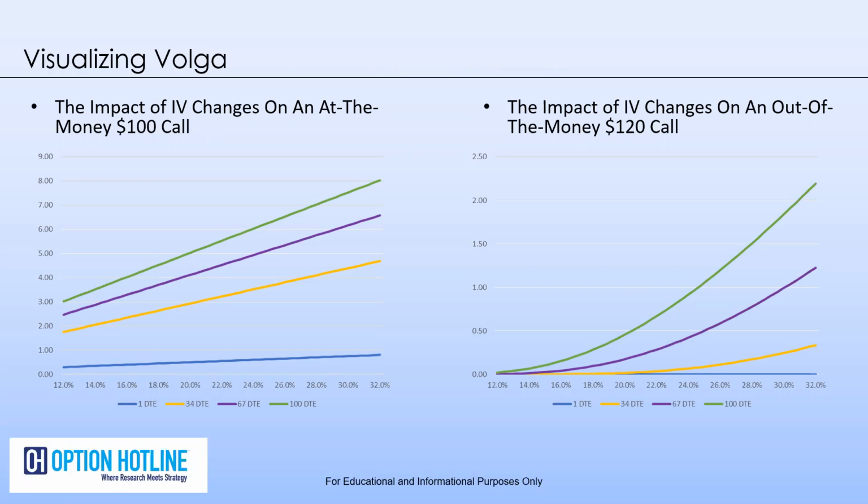So Volga, Vama, was the change in Vega for a change in implied volatility. Vega is the amount of money I make per percent move in implied volatility.